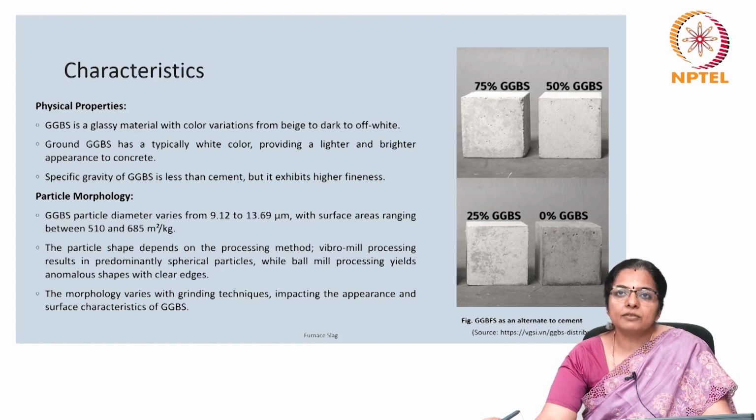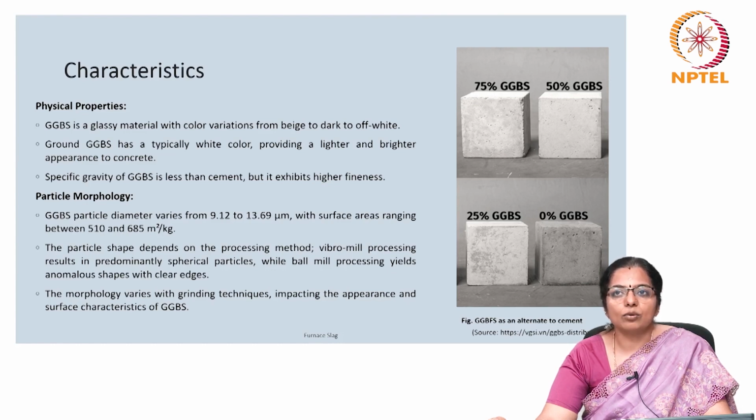When it comes to the physical properties, ground granulated blast furnace slag possesses distinctive physical properties. It is characterized by a glassy material displaying color variations from beige to dark to off-white.